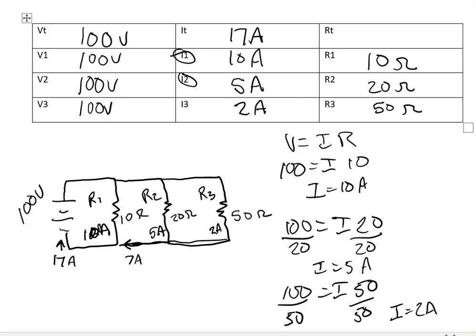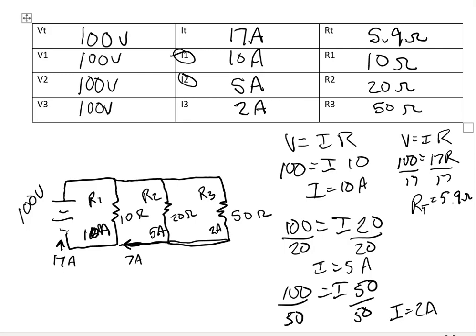17 amps. Well, as I keep telling you guys, whenever we have 2 of them, you can always solve for the third. So again, V equals I times R. 100 equals 17 times R. Divide both sides by 17. And RT in this case, well, what is 100 divided by 17? When we do this, RT turns out to be about 5.9 ohms.